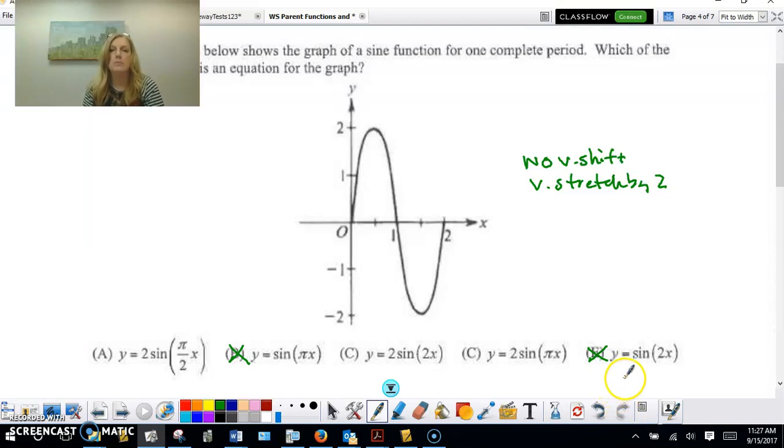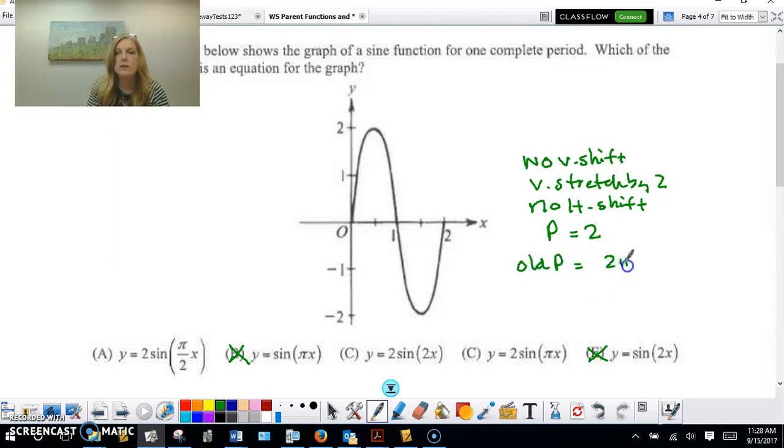So we take a look at that. Then I take a look at this idea. There's no horizontal shift, so at least they're nice. They're not combining a lot of things. It is a sine graph. All of these are sines, so that doesn't help me eliminate anything. But the period, when you take a look at this, has a period of 2. The old period used to be 2 pi. So 2 pi times some horizontal stretch or shrink, in this case a shrink, gives you your new period of 2.